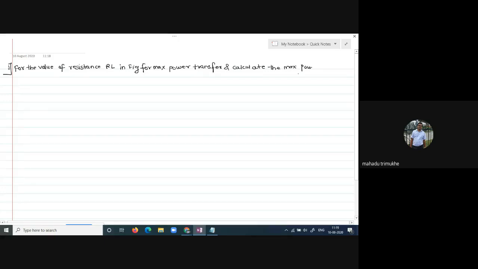Our aim is to calculate the maximum power and the value of the load resistor RL. I'll draw the circuit diagram here.